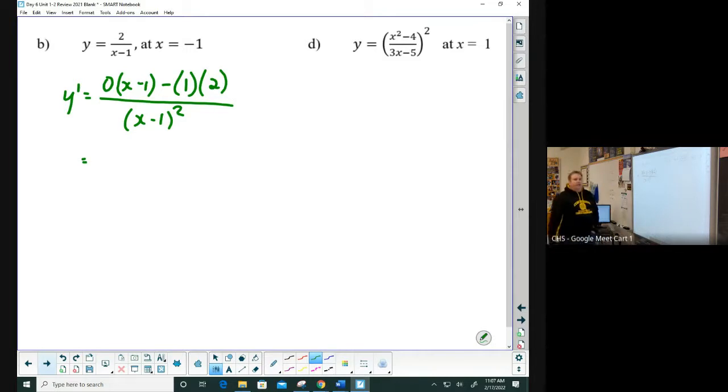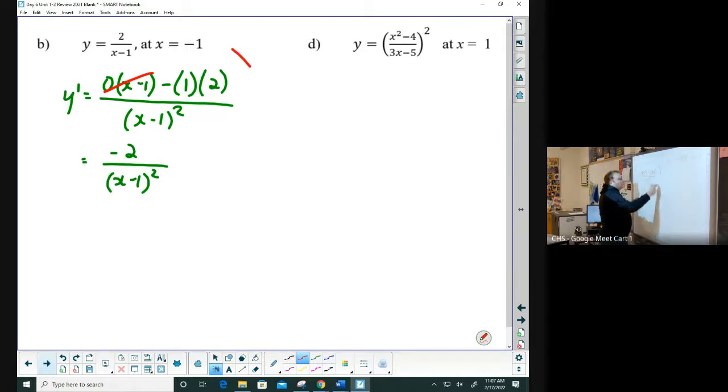All over the bottom squared. Not substituting now because I'll make my life easier. 0 times this is 0. That's going to leave me with negative 2 on the top over (x minus 1) squared. Now I'll sub in x equals negative 1.